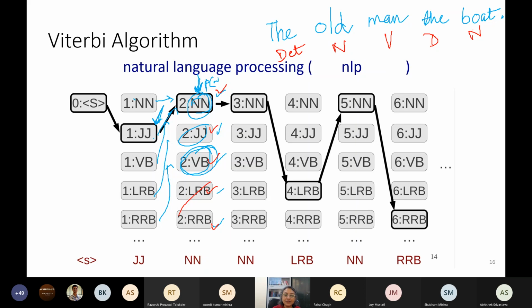Then after you have found these values, you come to the third column, and then you find out the highest probability path that ends with noun, the highest probability path that ends with adjective, and so on. And you keep all this. And how do we find out? You find out all these possibilities and take the max out of that. And that tag from which you found the max, you keep a pointer to that.